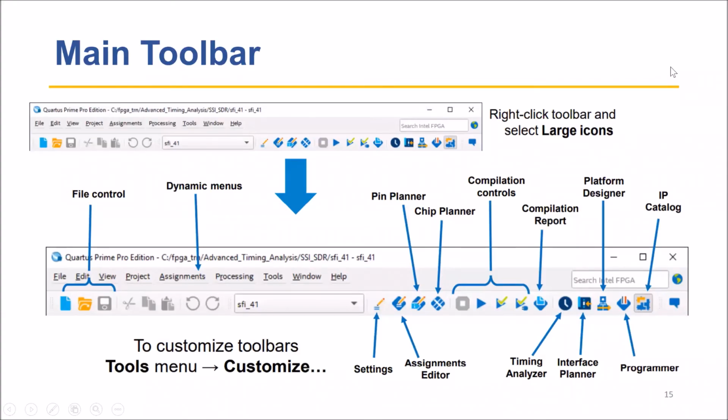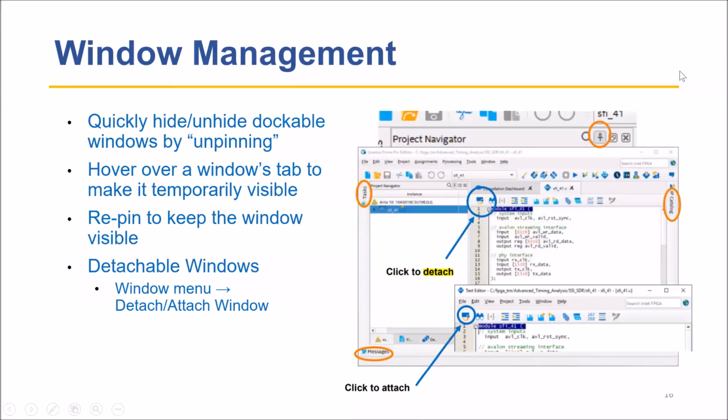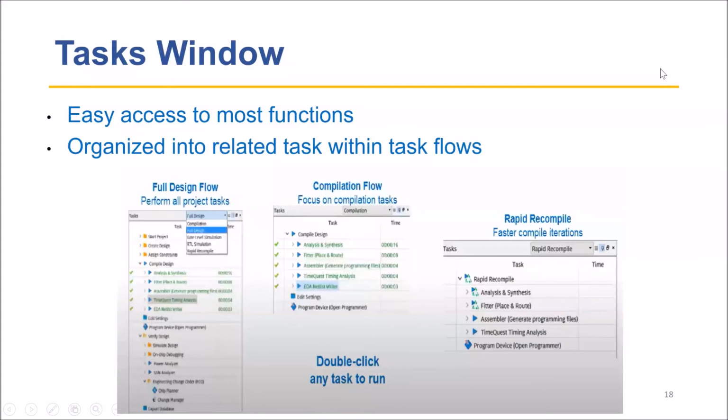In the main toolbar, there are icons for quick access to main tools, as you can see in this slide. Window management is very easy in Quartus. You can change the location of each window and customize it for yourself. Tasks window enables easy access to most functions, and they are organized into related tasks within task flows.